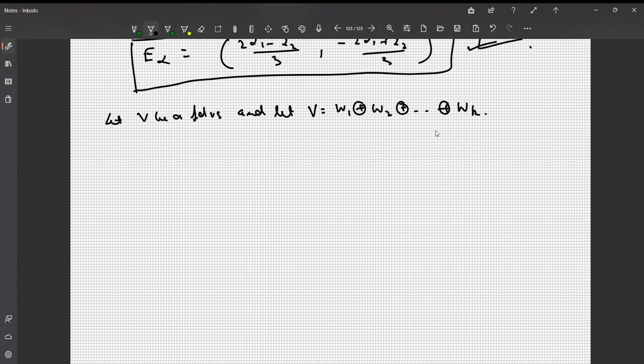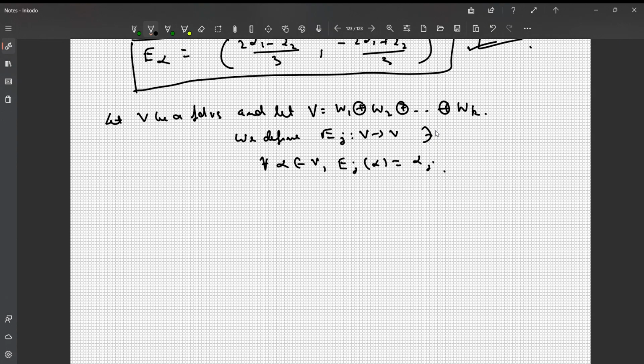We define an operator Ej on V such that for all alpha in V, Ej of alpha is equal to alpha j.